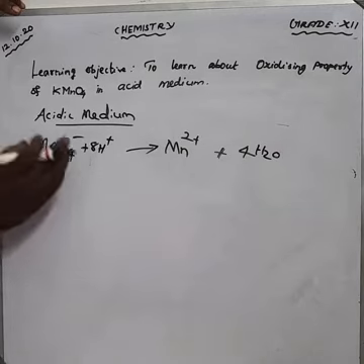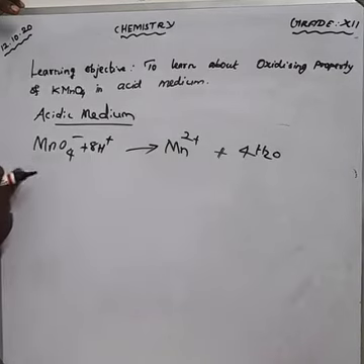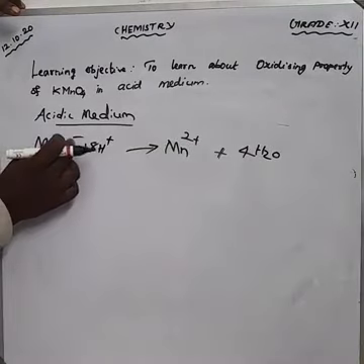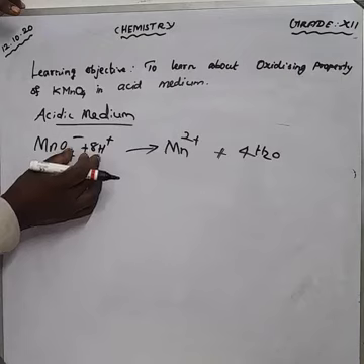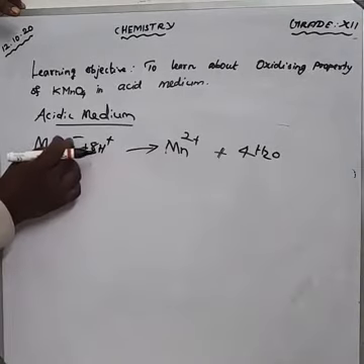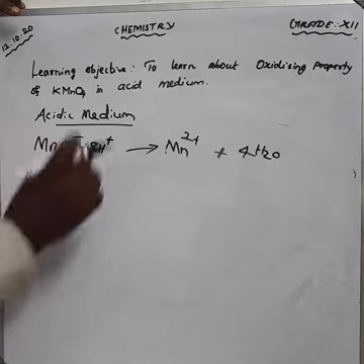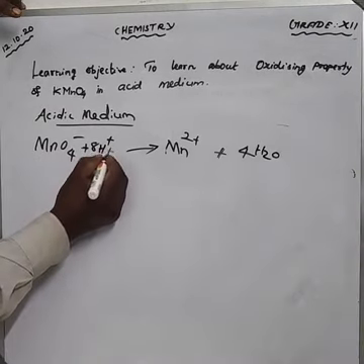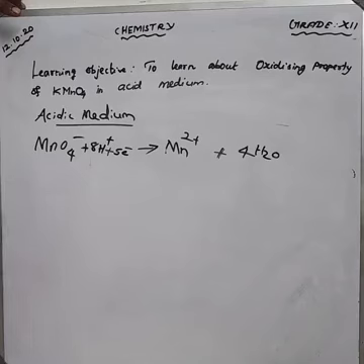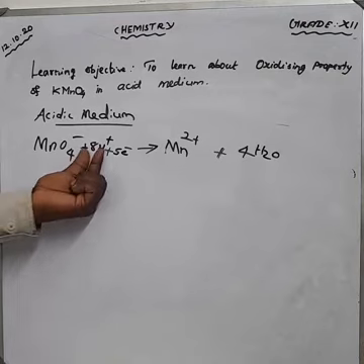Next, we have to balance the charges. How much charge is there? On one side there is 1 minus, on the other side 2 plus, and 8 plus from the H+ ions.